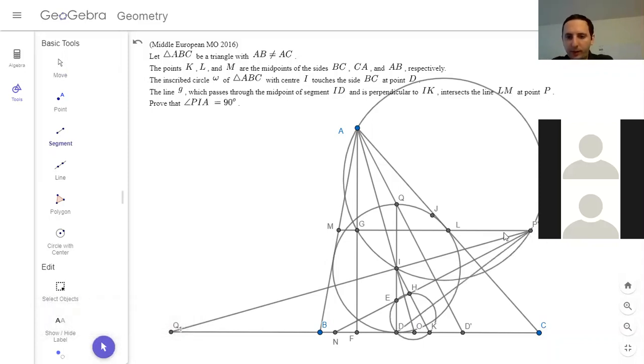So PE is a median in PID, and maybe we could get another median. So yeah, I kind of want either AD prime or IK. So IK is a median in IDD prime, but it's not the median I want.